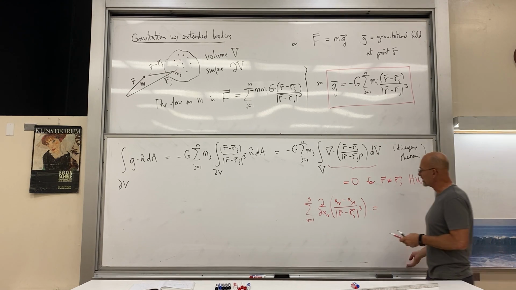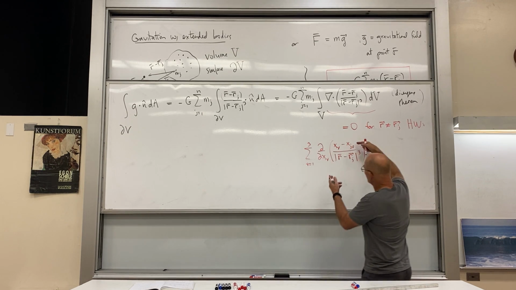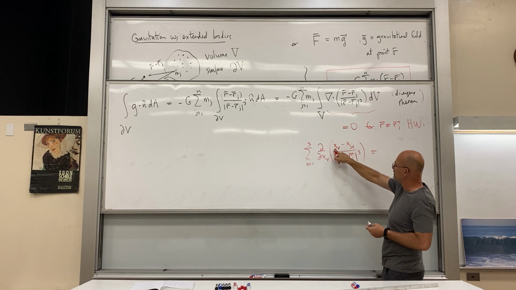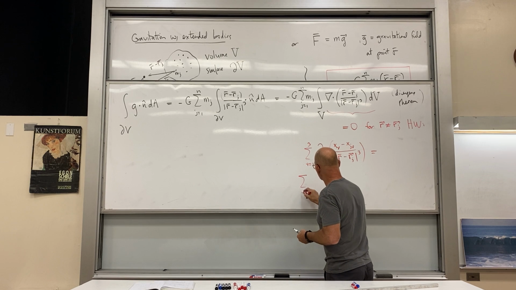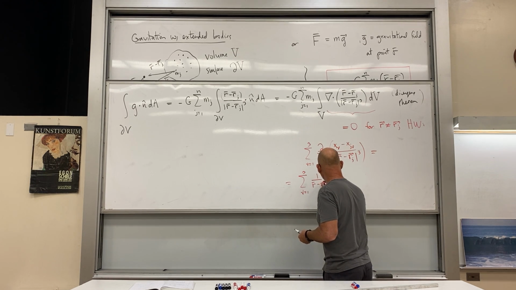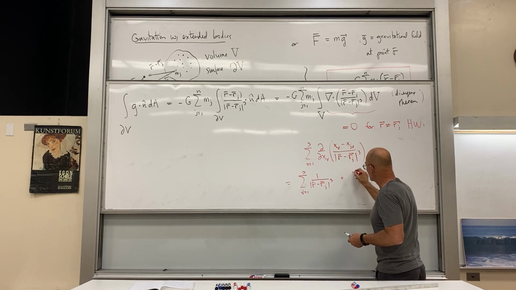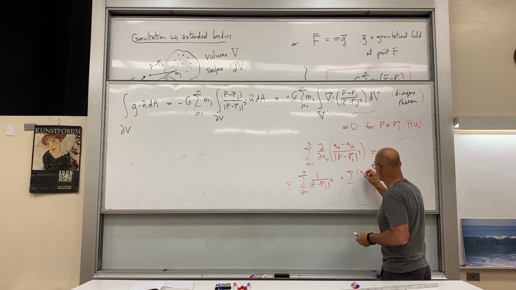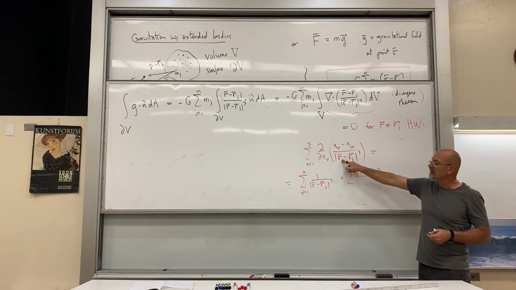If you do this differentiation carefully, you're going to find that this is true. Since I got started on it, I'll do it right under here. We're going to do it as a product rule type thing. First we differentiate with respect to x sub nu, holding that constant. So we have the sum over nu equals 1 to 3 of 1 over |r minus r sub j| cubed, and then a sum of x nu minus x j nu, and we're differentiating with respect to x sub nu in this expression here.